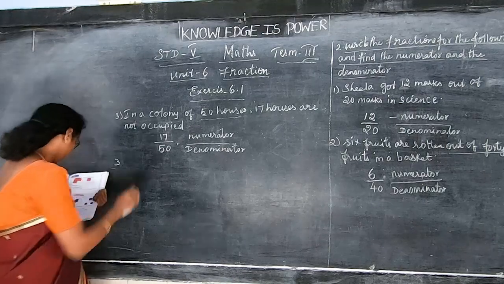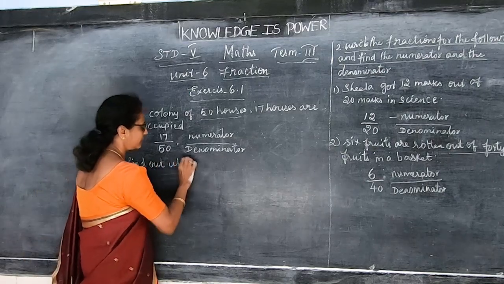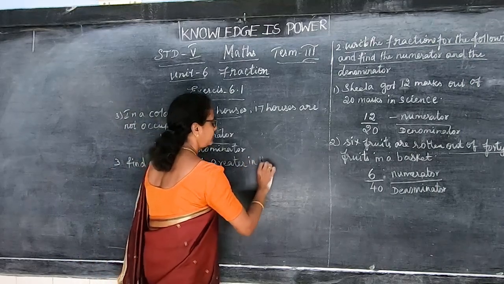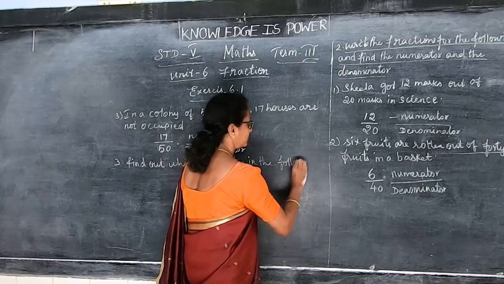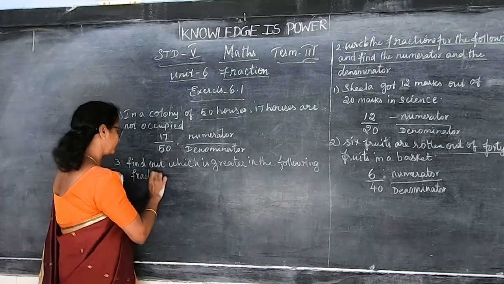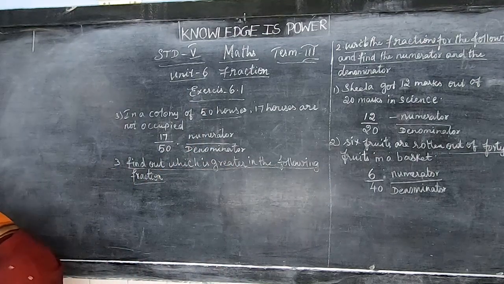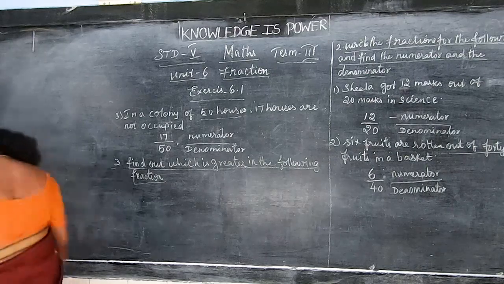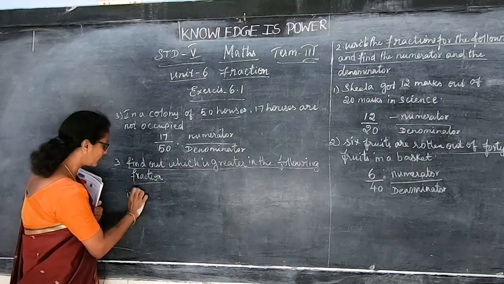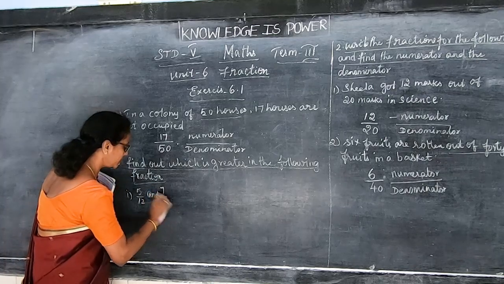Then find out which is greater in the following fractions. First, 5 by 12 and 7 by 12.